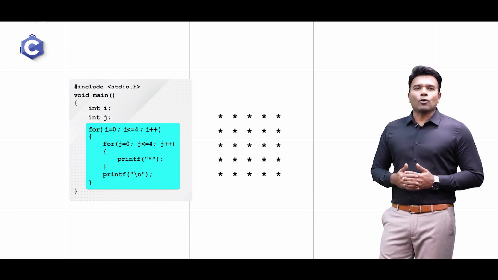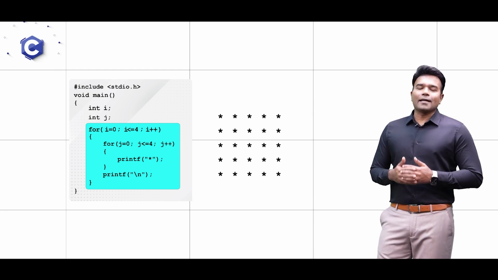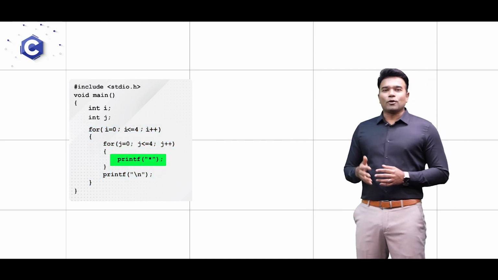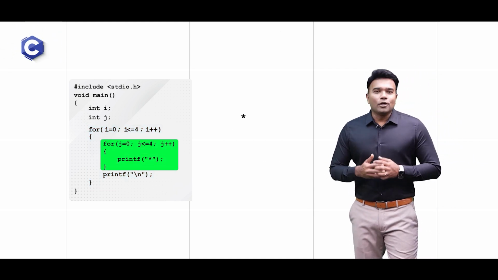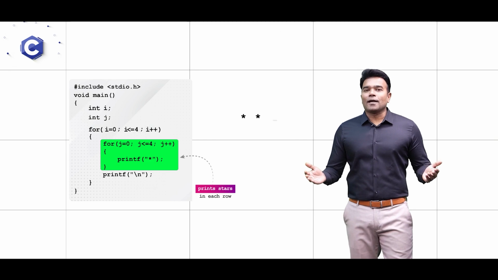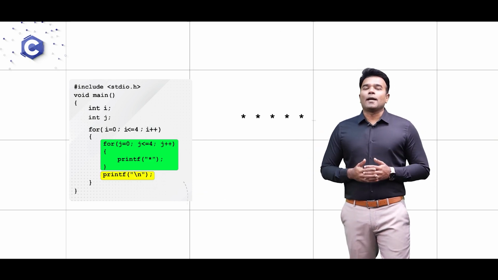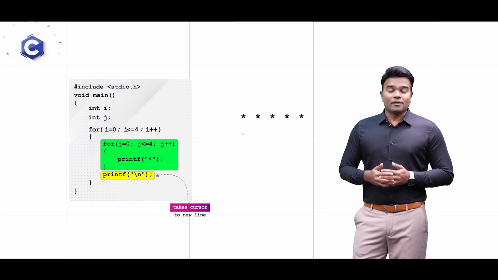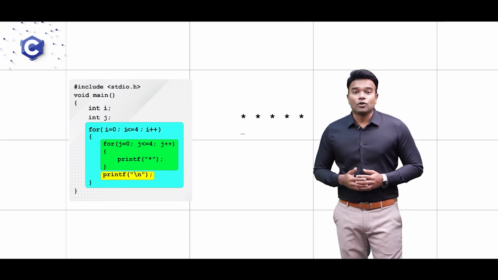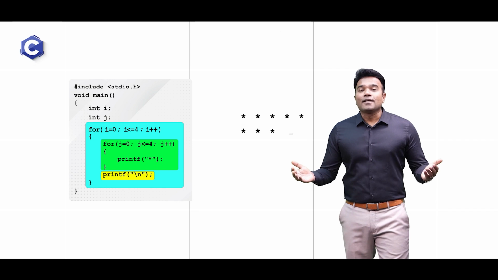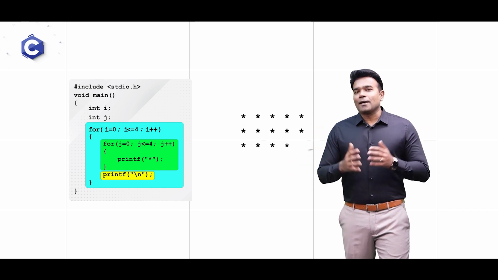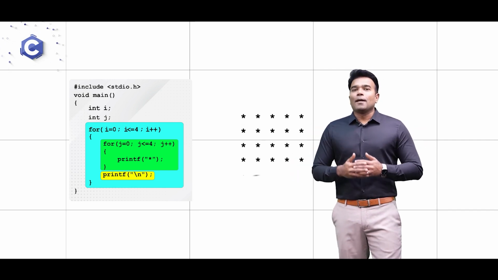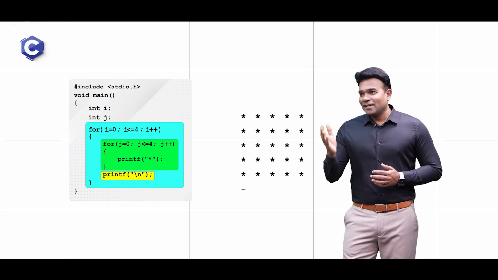If you look at it from inside, this print command is going to print a single star and the inner loop is going to print 5 stars, and then this print command shall ensure that the cursor comes to the next line after printing the 5 stars, and then the outer loop shall repeat this activity 5 times, and hence we would be able to get a square of 5 stars. Hope it is completely clear.